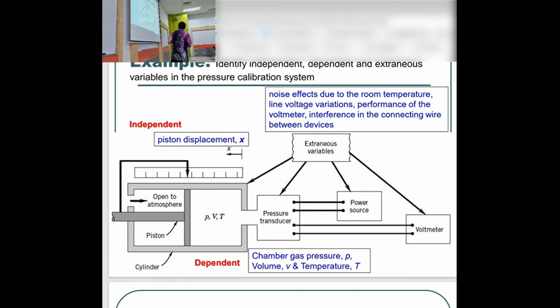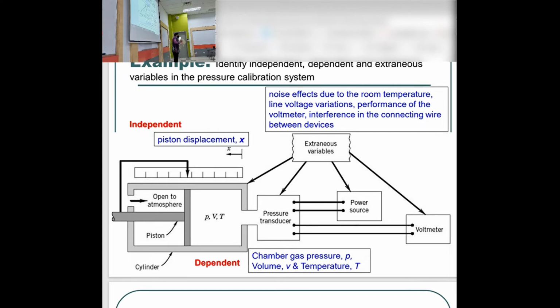Okay, and this one is very important, the extraneous. There are a lot of things that actually are extraneous variables. We don't know. The more you recognize the extraneous, the more efficient your system is, because the extraneous can also be the noise to the system. That's our challenge lah. Independent and dependent, you can set which one is independent and which one is dependent.